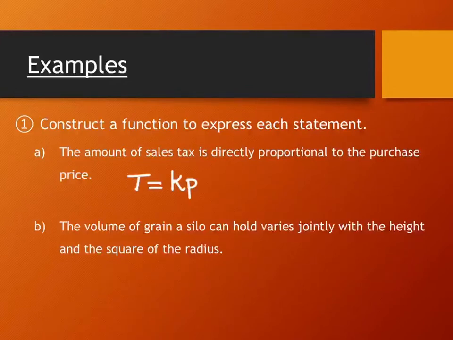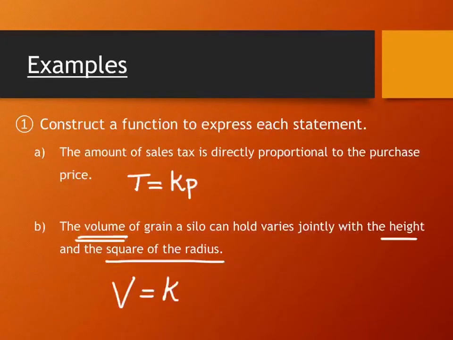The second one says the volume of grain that a silo can hold varies jointly with the height and the square of the radius. All right, so first of all, it was the volume that's doing this, so we're going to use V for volume. It varies jointly, okay, so the constant of variation, k.